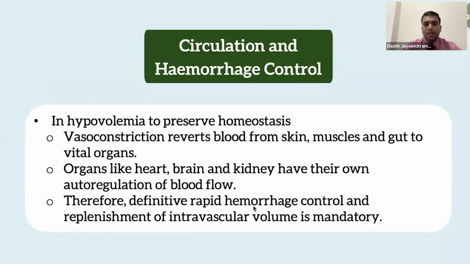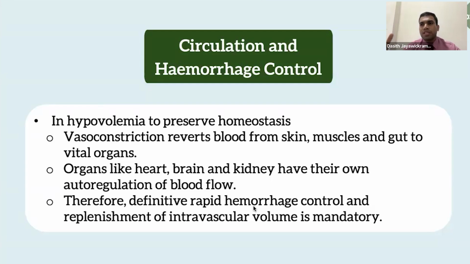Okay. In hypovolemia, now imagine the patient is bleeding. What does the body do? There's ongoing bleeding, so the body has some kind of homeostasis. What is homeostasis? When there are changes in the external environment, the body tries to stay still, to maintain its own rhythm.